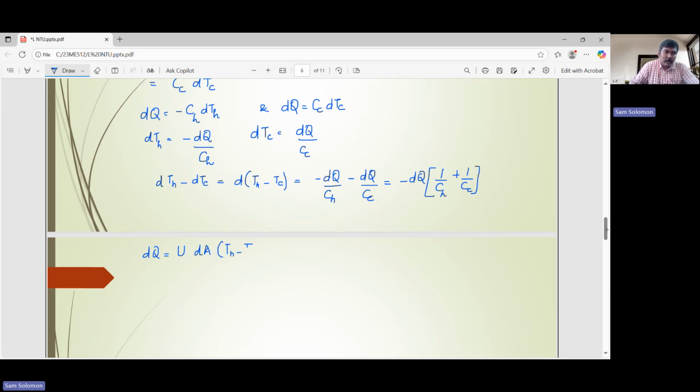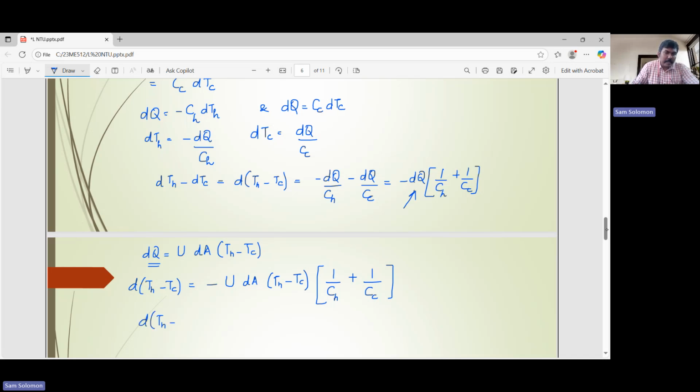If I substitute this dq over here, then d of (TH minus TC) is going to be equal to minus U times dA times (TH minus TC) multiplied by (1 by CH plus 1 by CC).